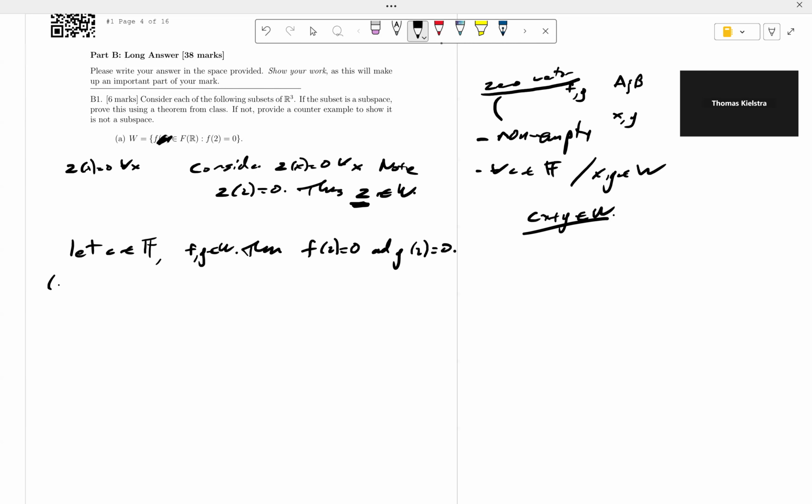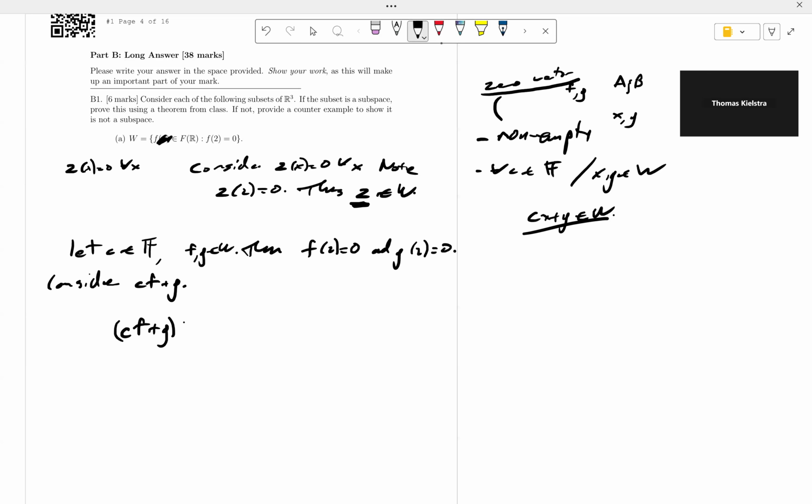I'm going to consider cf plus g. Let's write that a little nicer. cf plus g. I want to show it's in W, or want to show it's not in W.